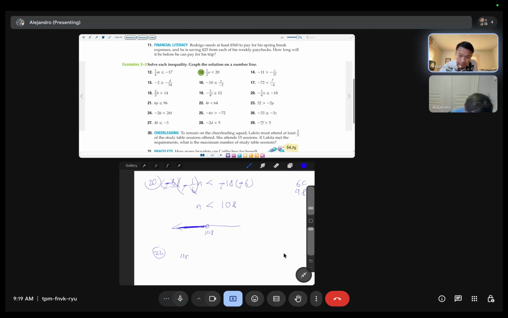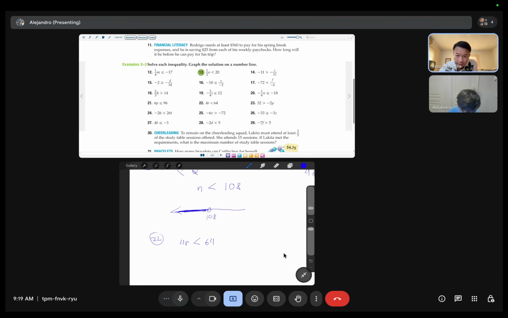22, for R less than 64. Okay, so go right over it, like divide both sides by 4, because you can do that. So R is less than, what is that? 18? No, 16.